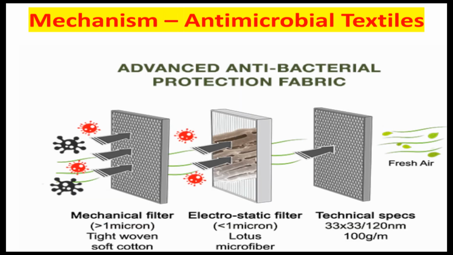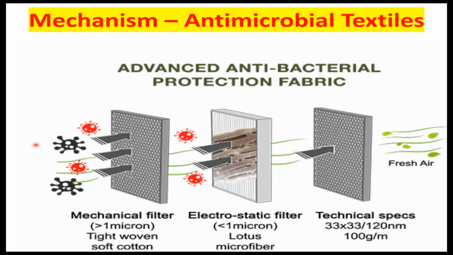The first layer, as you can see, stops the bigger viruses, more than 1 micron. The second layer stops the lesser-dimension viruses and microbes, lesser than 1 micron. And finally, you have the third layer through which nothing passes. I mean, no microbes can pass. And you have the fresh air onto your body.